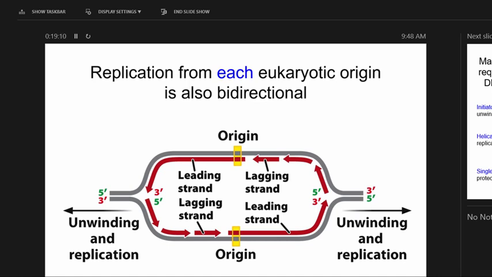They have to be, because the DNA has to be in anti-parallel form, meaning one strand's 5 prime to 3 prime left to right, the other one is 5 prime to 3 prime right to left. Did that make sense? Still good? All right. Then over here now, we're moving this way, so this strand is going to be the leading strand because its 3 prime end is pointed the same way that the replication fork is unwinding.